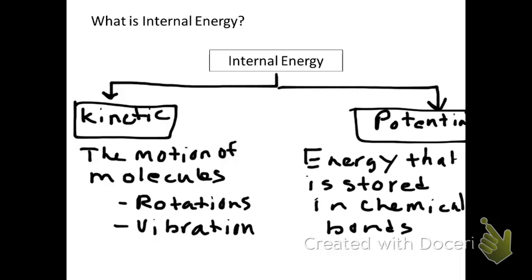All right. So basically, when we're looking at reaction systems, they're made up of two types of energy: kinetic energy, which deals with the motion of the molecules, and potential energy, which is the energy that is stored in the chemical bonds of molecules or bonds between molecules. Sometimes we will refer to potential energy as chemical energy. So write that down. Potential energy is often known as chemical energy.